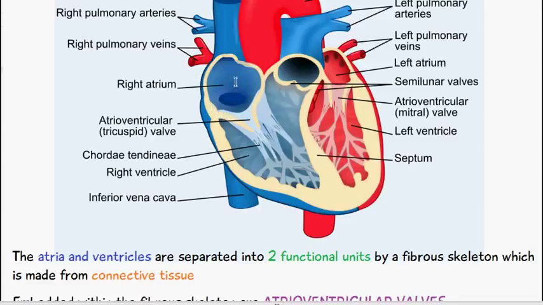When the pressure in the atria gets very high, then it forces these valves to open, and then blood passes through from the atria into the ventricles. And then when the pressure is building up in the ventricles, this pressure causes these valves to snap shut. Okay, and that's how blood can pass on the next cycle from the atria, because the valves were already shut from the previous closure from the ventricles.